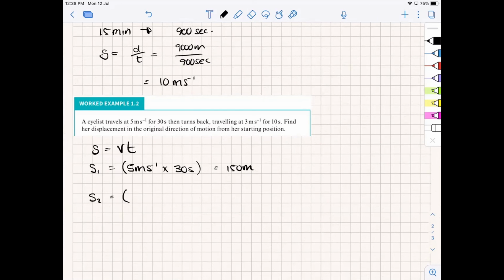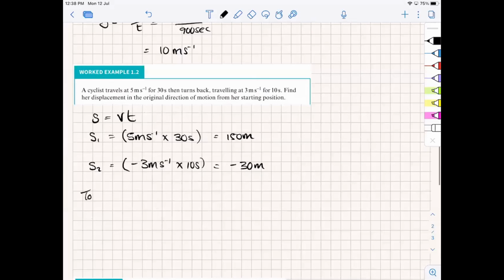Will it be 3 meters per second or minus 3 meters per second? Because I'm traveling in the opposite direction now. Minus. Right, minus 3 meters per second for 10 seconds. This is going to give me minus 30 meters.